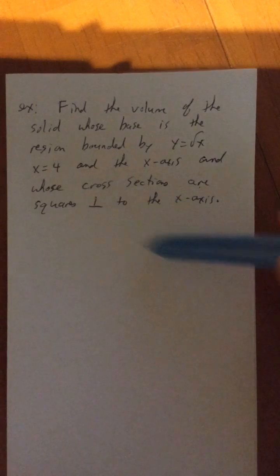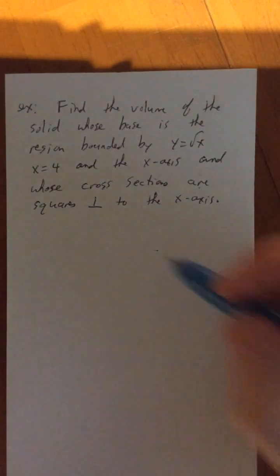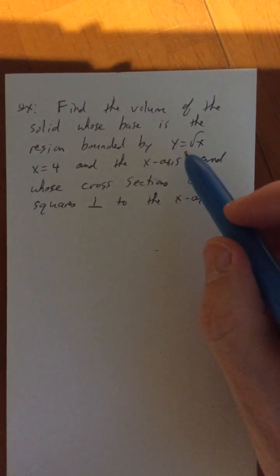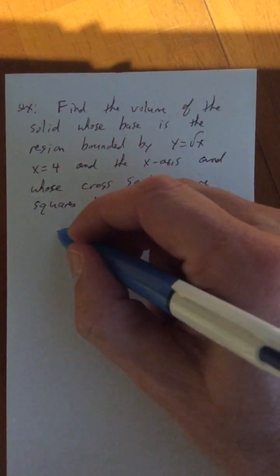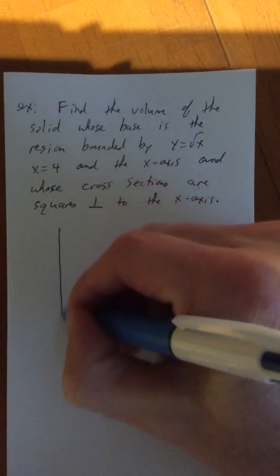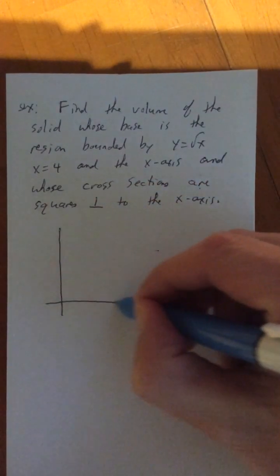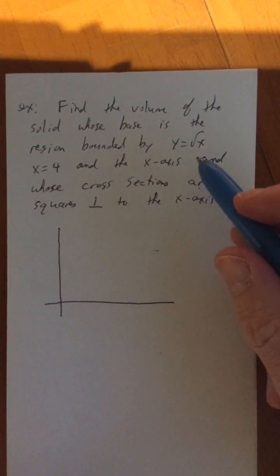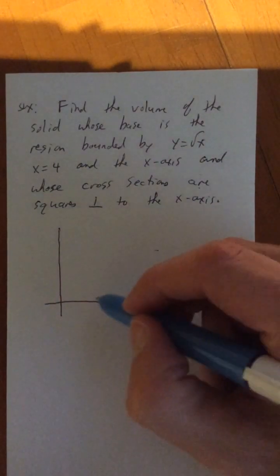So we are going to find the volume, and I hope this is going to be bright enough, of this region right here. So the first thing we need to do is make a little sketch of our square root of x. This is certainly easier for me to see because of the lack of shadow. Hopefully it's going to be okay for you. Okay, so we're going to make our little square root of x, and we're going to go over to 4.